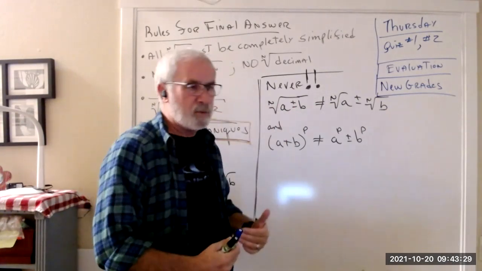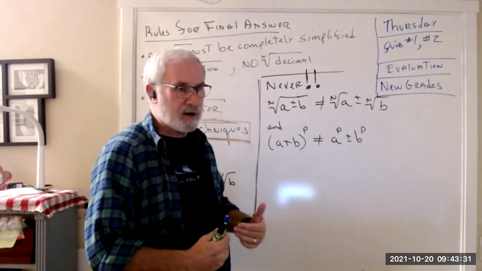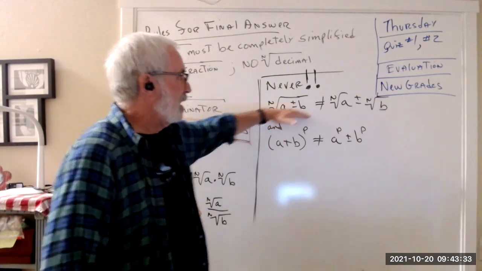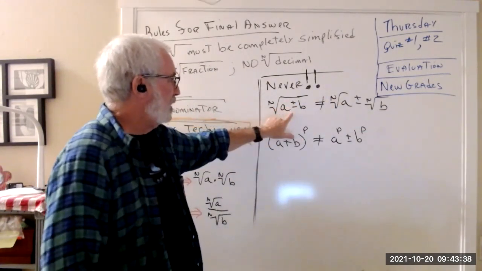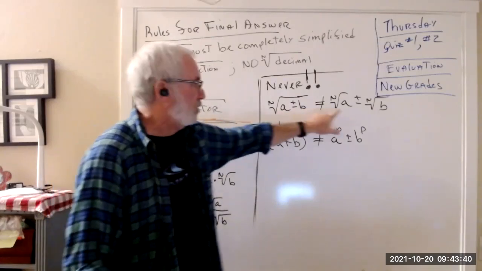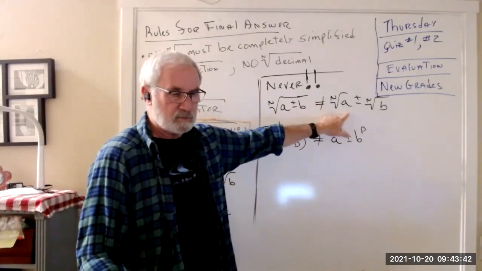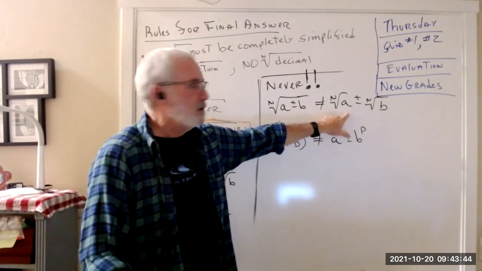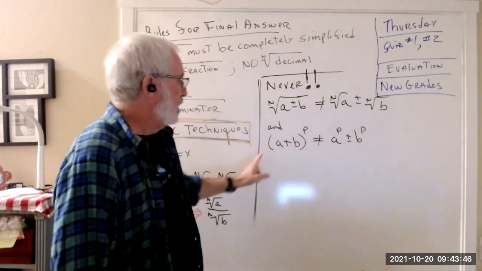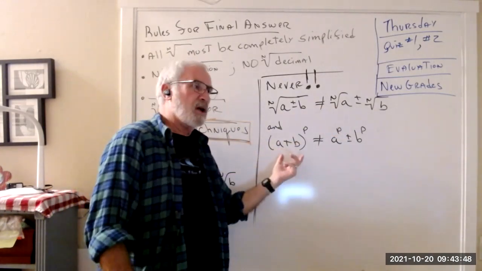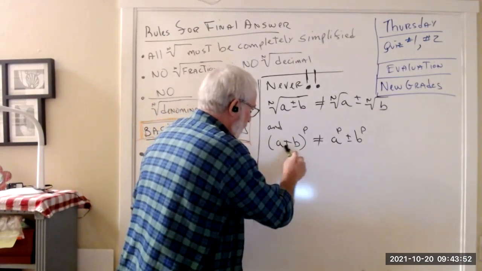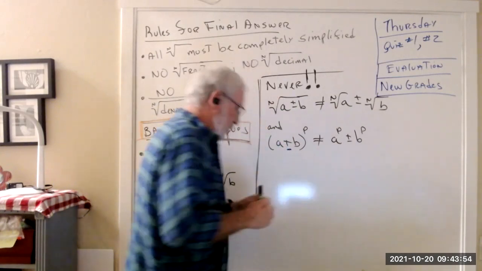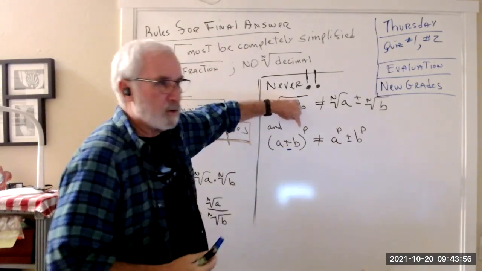Nothing you do from that point onward can possibly be correct. So I stop grading if I see that mistake. You can never take apart an addition or subtraction radical like that. I should have put a subtraction symbol up here. I'm sorry.